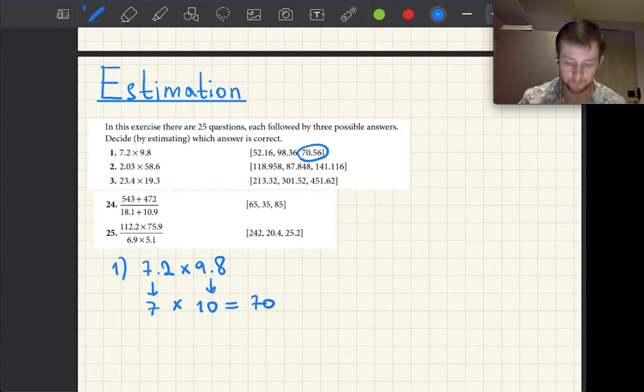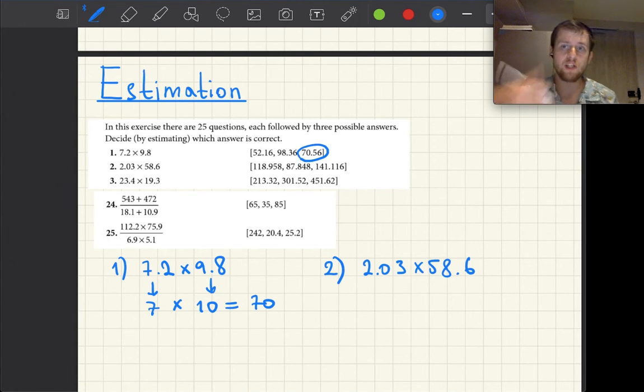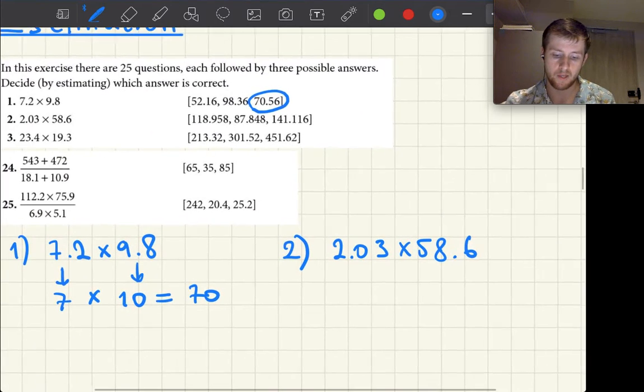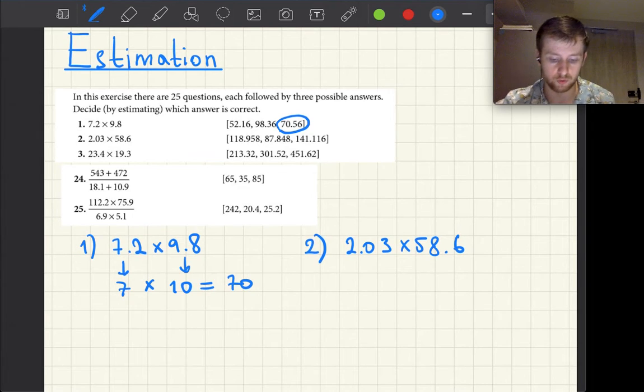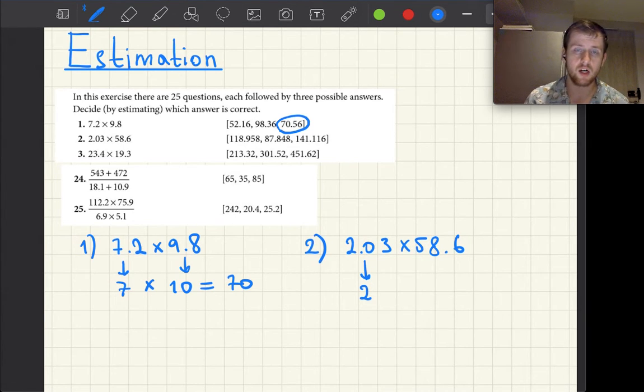Okay, let's try the next one. In number 2, 2.03 times 58.6. We should try to round them within a reasonable range, so don't round them too much. 2.03 we can round to 2. 58.6 we could round to 59, the nearest whole number, but actually I think we can just round it to 60 as well.